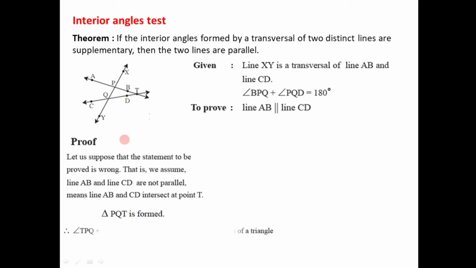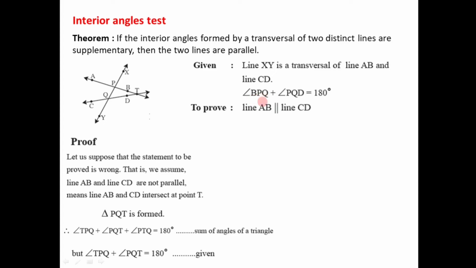Now for this triangle, consider the sum of the measures of all the angles of the triangle, that is, angle TPQ plus angle PQT plus angle PTQ. These are the angles of a triangle. The sum must be 180 degrees because the sum of angles of a triangle is 180 degrees. But here it is given that angle TPQ plus angle PQT is equal to 180 degrees, because in the given we have angle BPQ plus angle PQD equal to 180.